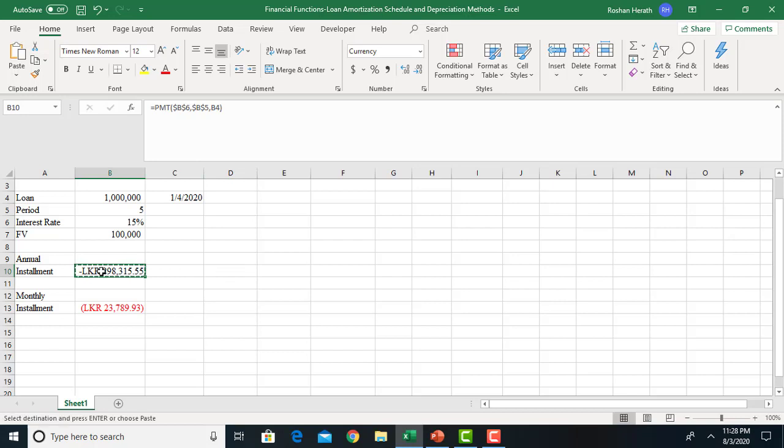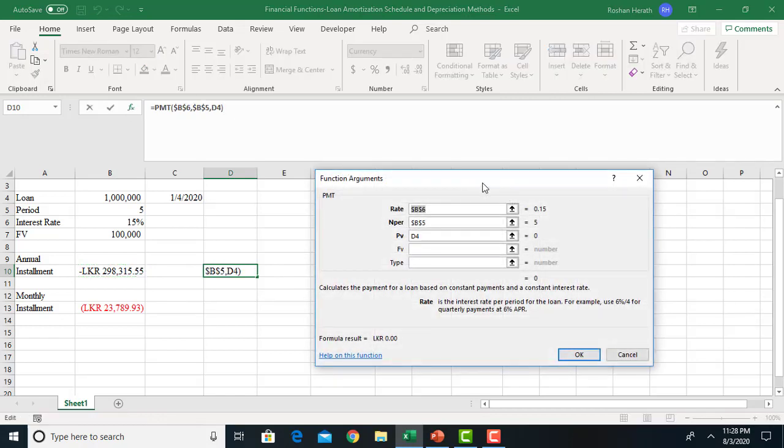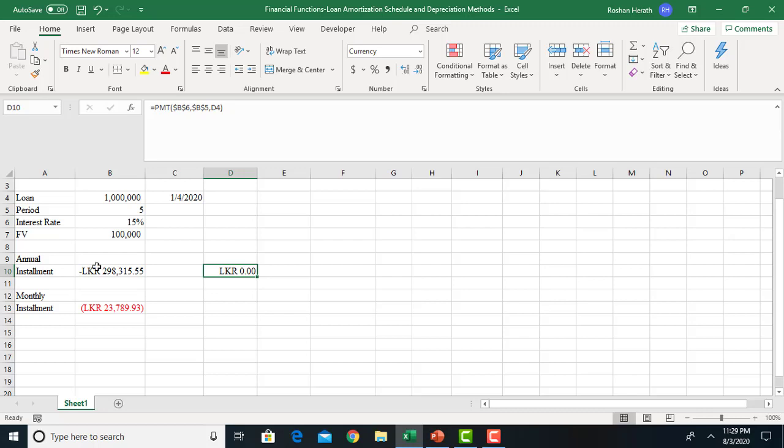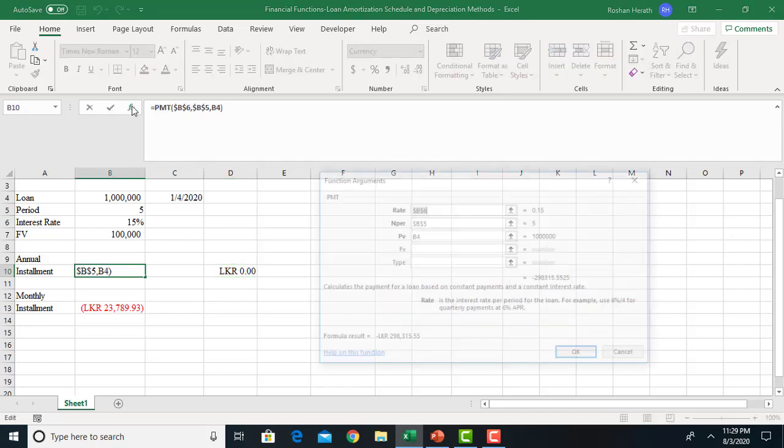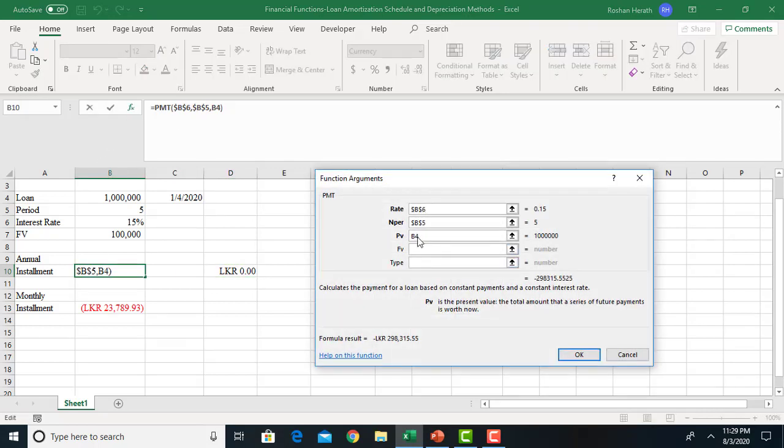So you can simply copy the formula that you have over there, then make the changes that you want. The rate is there, the present value. Here I haven't made the loan installment constant.